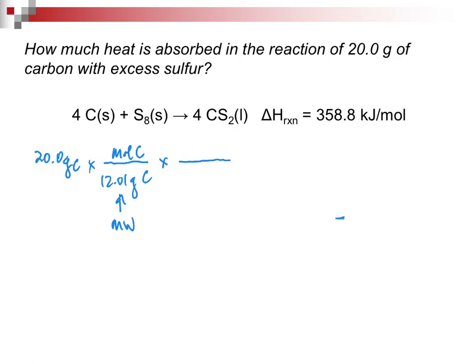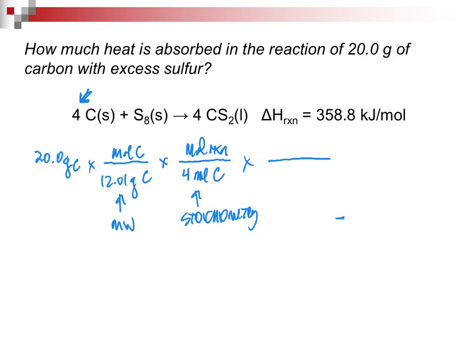Then what I'm going to do is look at how many moles of carbon there are in a mole of reaction. I'm going to say 4 moles of carbon, and that's using the stoichiometric coefficient 4, for every mole of reaction. So again, this is the stoichiometry. And then finally, I will use the delta H of reaction.